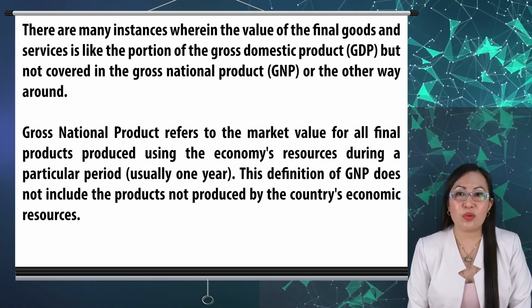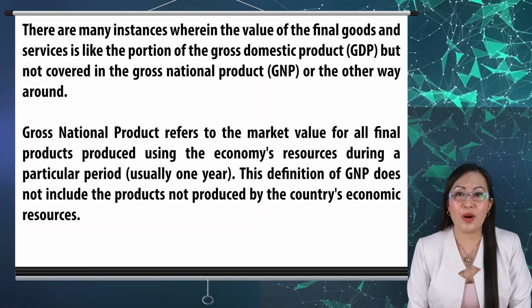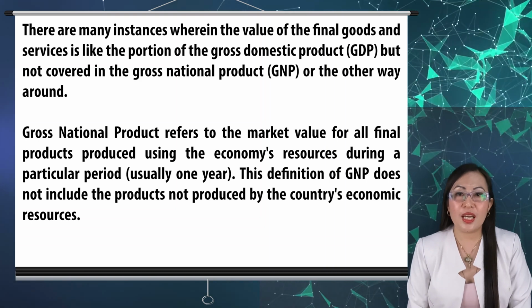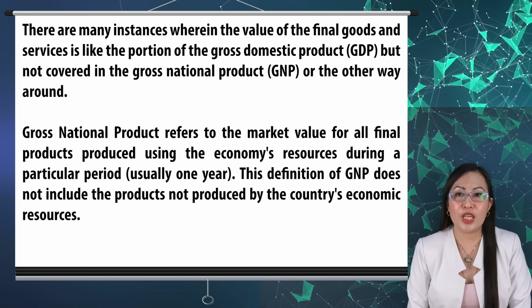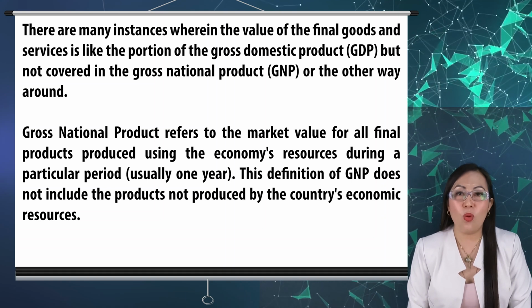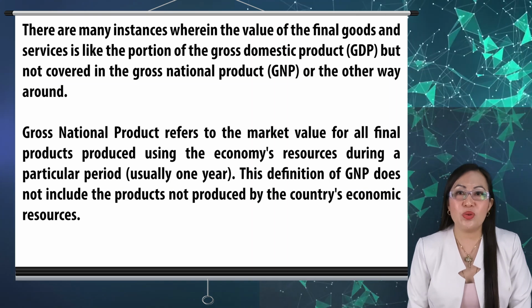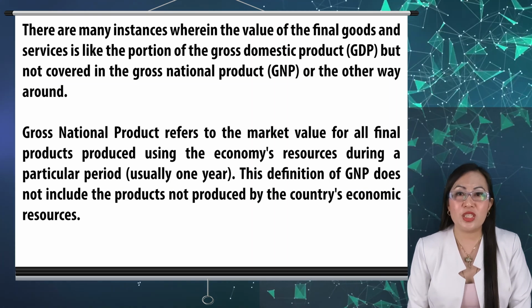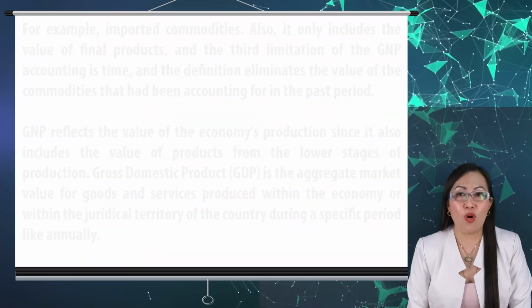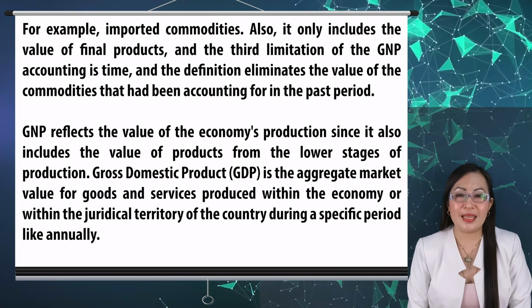Gross national product refers to the market value of all final products produced using the economy's resources during a particular period, usually 1 year. This definition of GNP does not include the products not produced by the country's economic resources, for example, imported commodities.